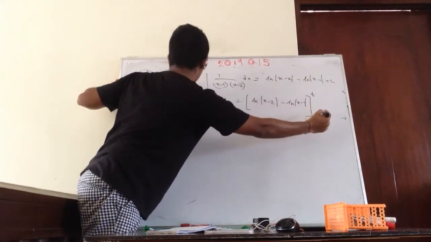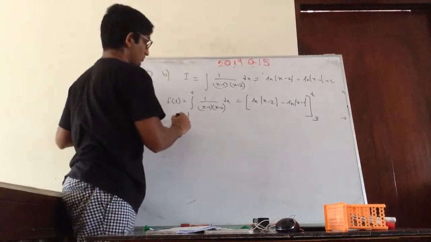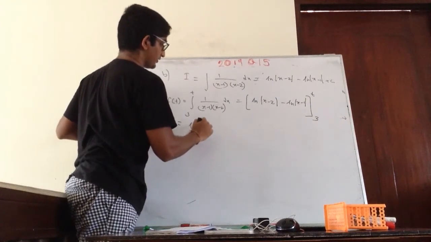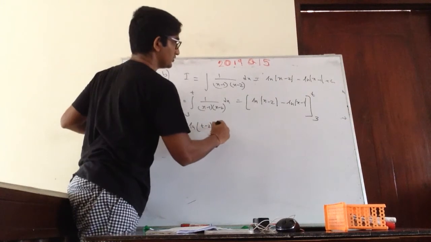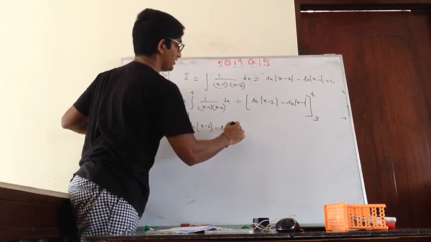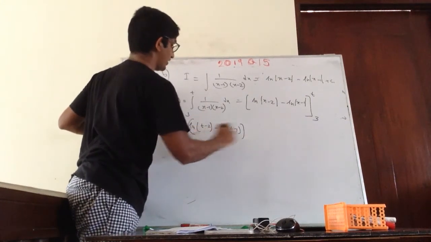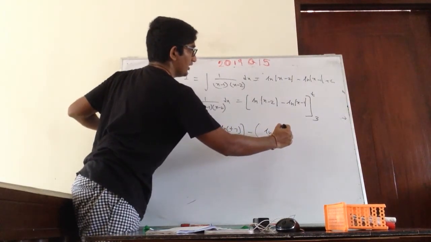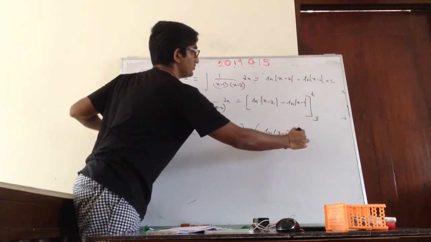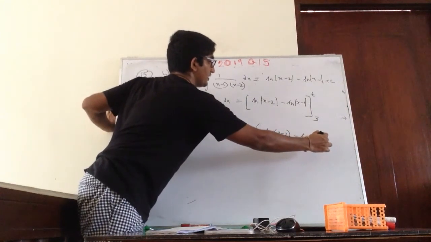So t to 3. So then you will get ln of t minus 2 minus ln of t minus 1, minus ln of 3 minus 2 minus ln of 3 minus 1.